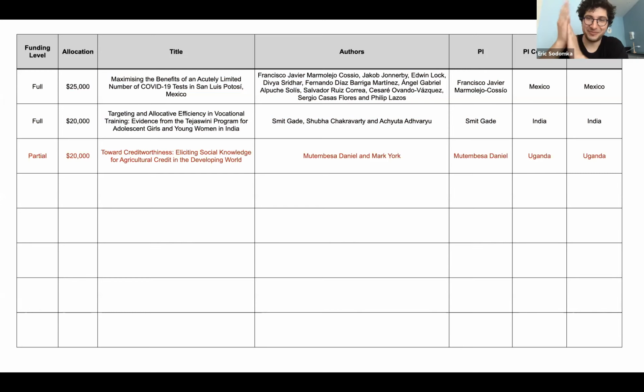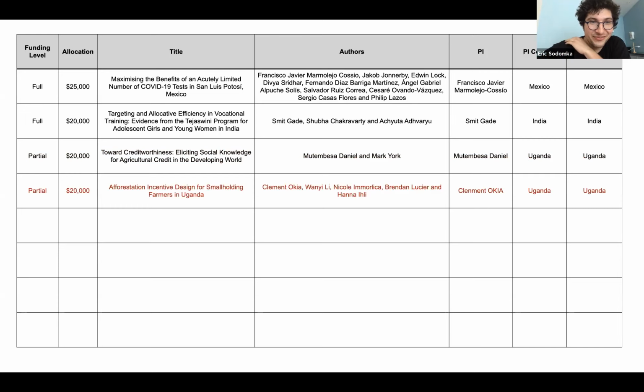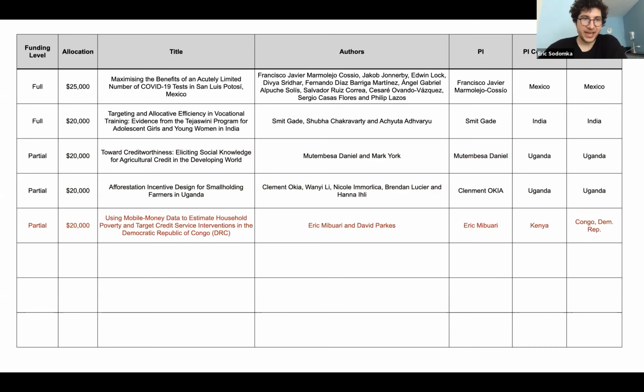So congrats to Mwebabze and Mark York. Then we have afforestation incentive design for smallholding farmers in Uganda, another submission from Uganda, at $20,000. Then using mobile money data to estimate household poverty and target credit service interventions in the Democratic Republic of Congo, at $20,000.